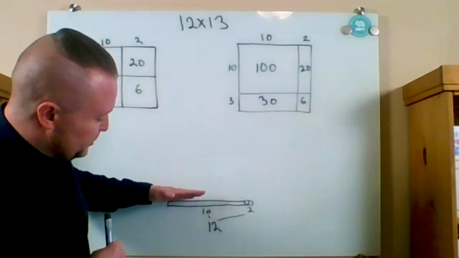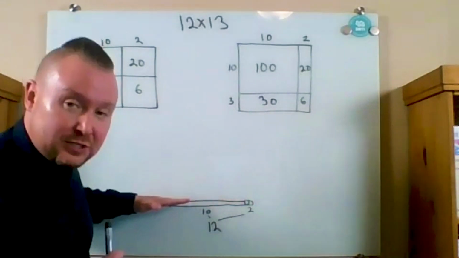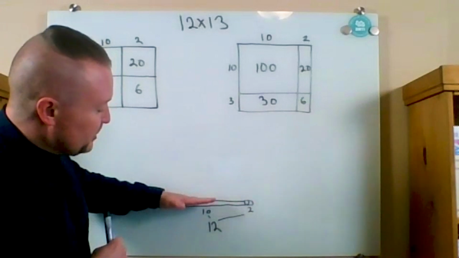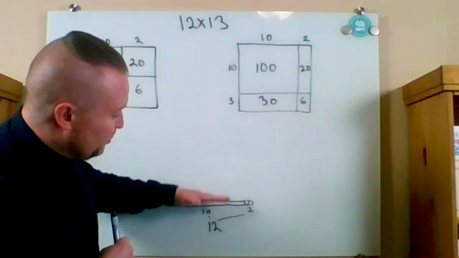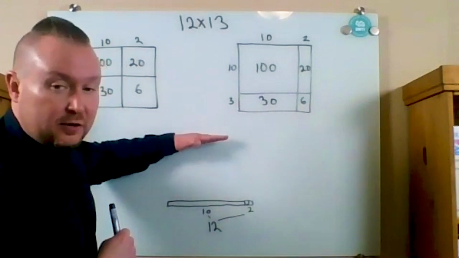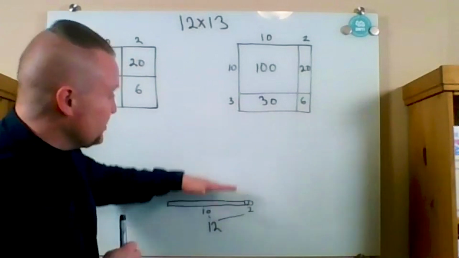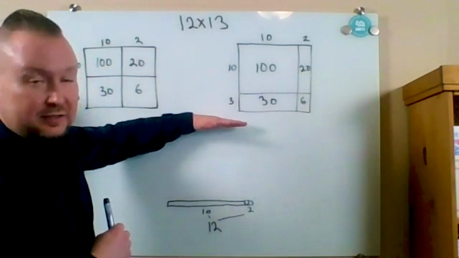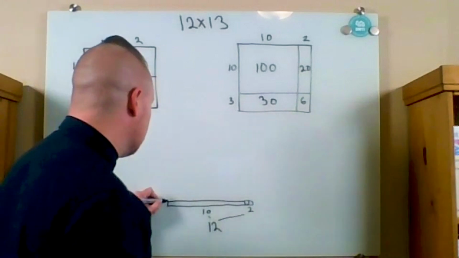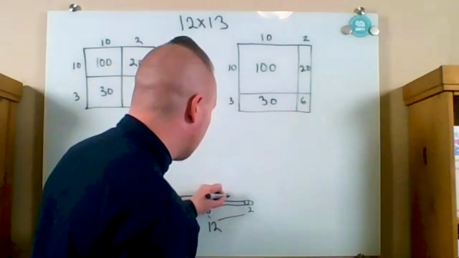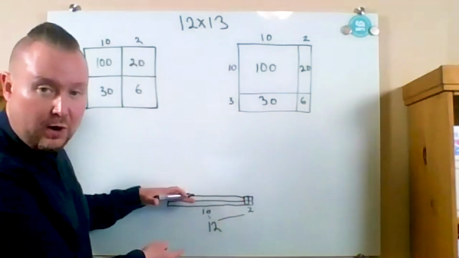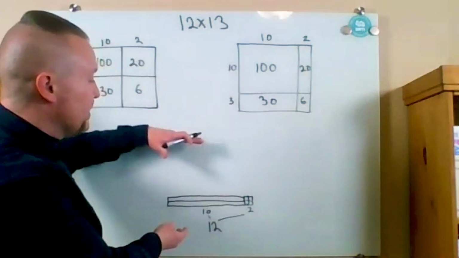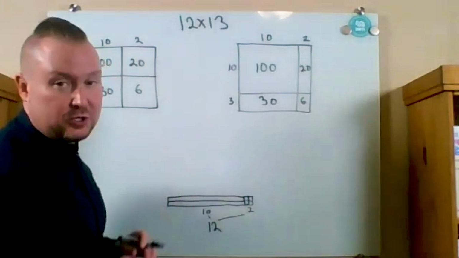But what we're actually going to do is take that 12, like it was the x-axis, and we're going to iterate, meaning to copy over and over. We're going to iterate these 12s vertically until we get to 13 12s stacked up like this. So now there's 2 times 12, and we're just going to keep going until we get 13 iterations of 12.